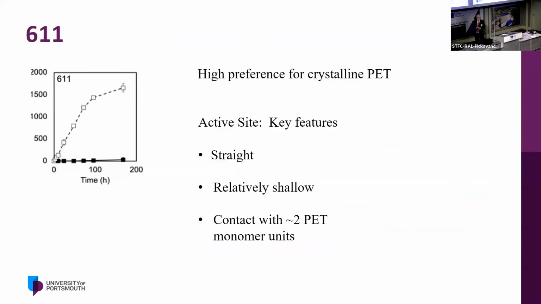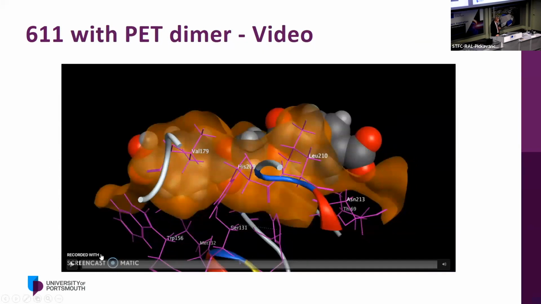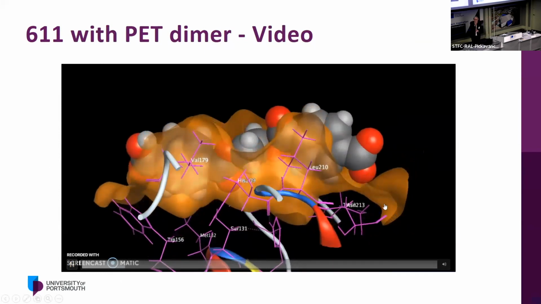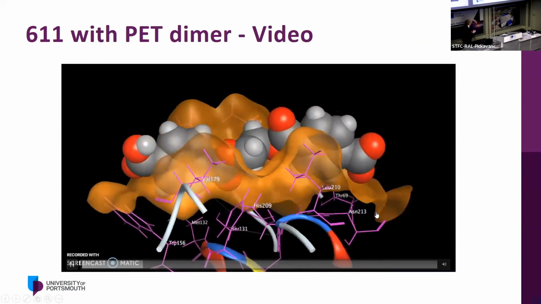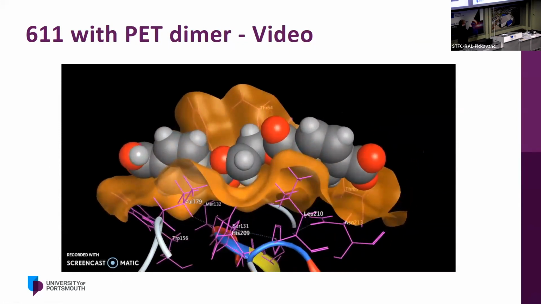Let's look at one of the interesting things which came out of Project 74. One of the enzymes, when they looked at it, we find the reverse. We find that this enzyme, 611, is great at breaking down crystalline material and not the amorphous material. So why is that? If we look here, we can see a binding pocket which is much flatter, much straighter.